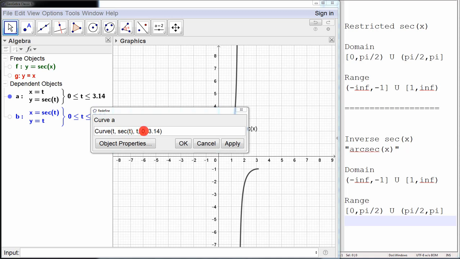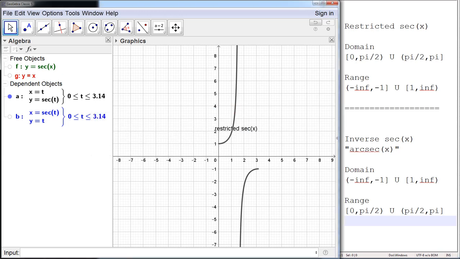So t is going to range from 0 to pi. This is called a parametric curve, and you'll learn more about parametric curves in second and third semester calculus, where you learn about graphing things using parameterizations, which can allow you to do some really cool stuff. So that's a sales pitch for taking second and third semester calculus.